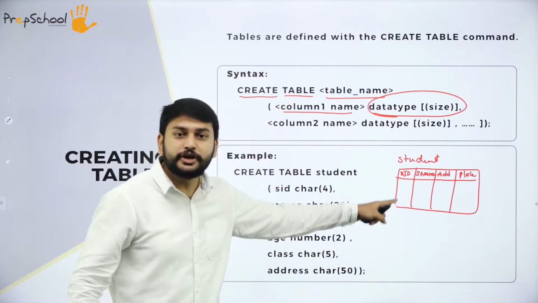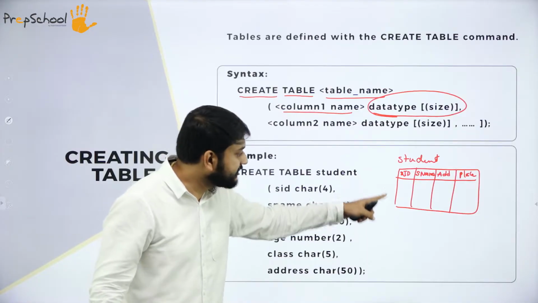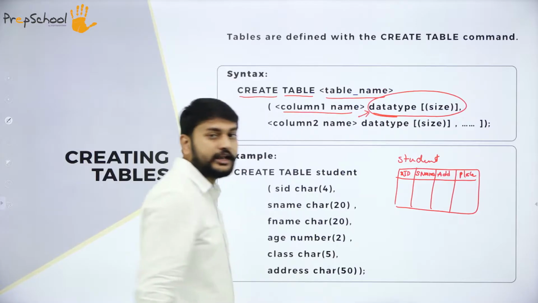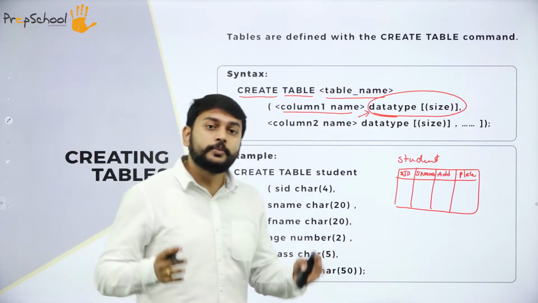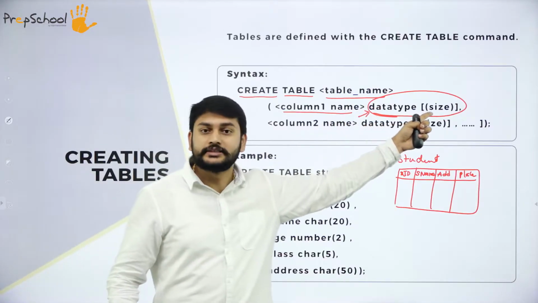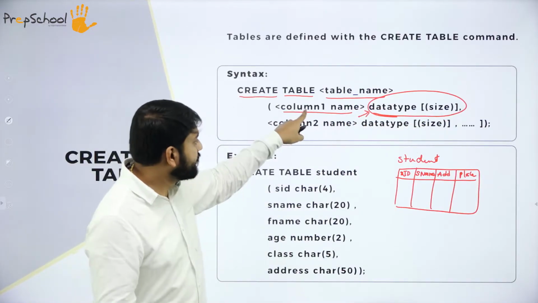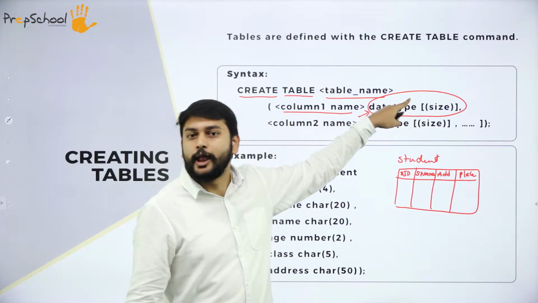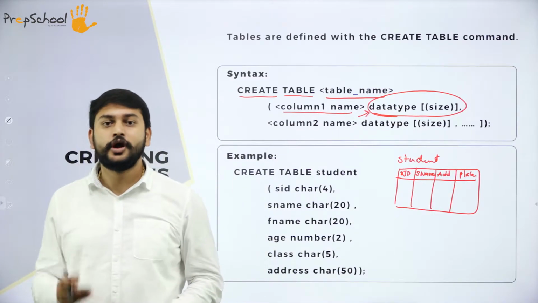What type of data you are trying to store in this column is what you have to mention in the data type. How much size I have to allocate for this is what you have to mention in the size place. So please remember, you have to mention the name of the column, and the data type along with the size that you want to allocate.